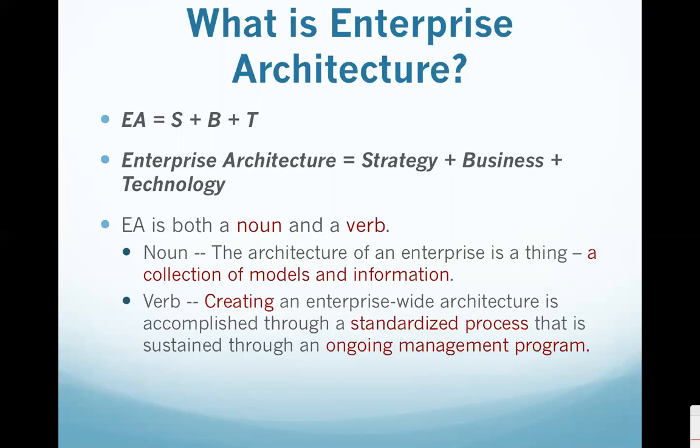So as a noun, the architecture of an enterprise, it is a thing. It is a collection of models and information. The act of creating an enterprise architecture, that's a verb, right? And we accomplish this through a standardized process that is sustained through an ongoing management program.